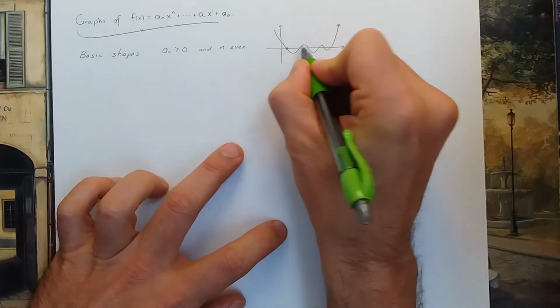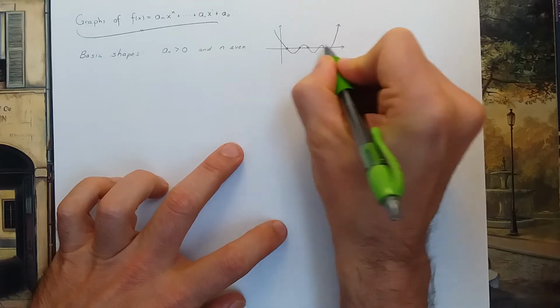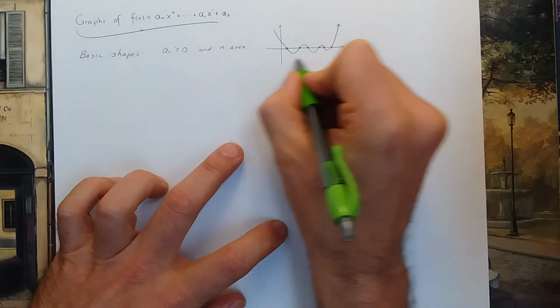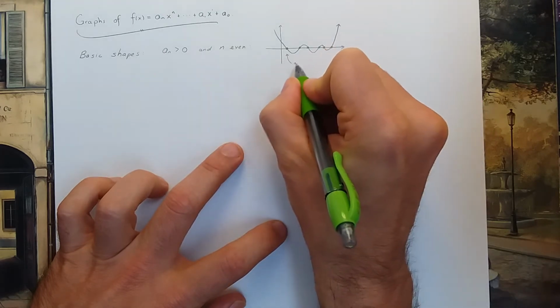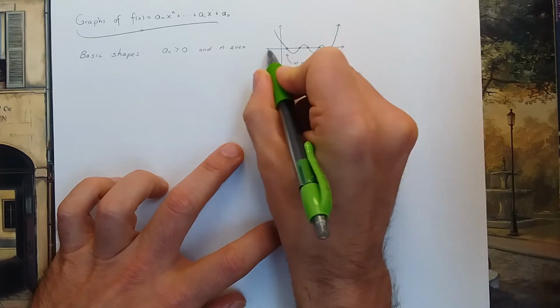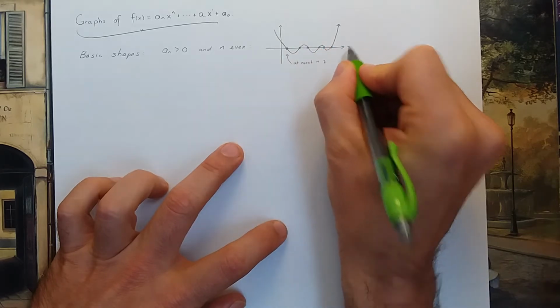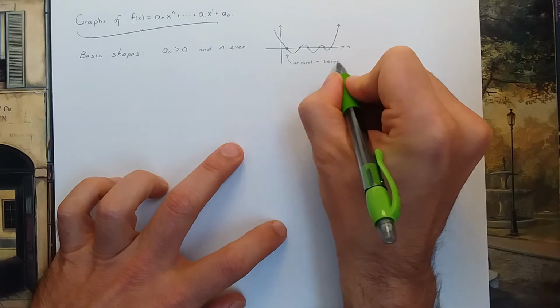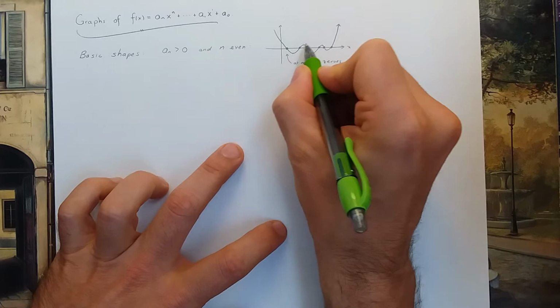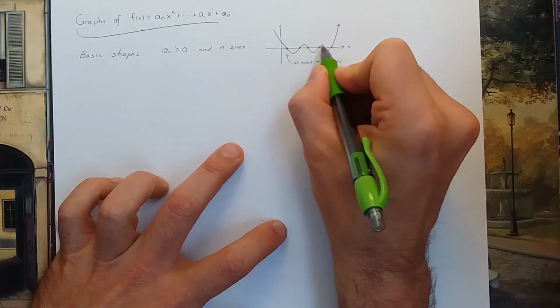There are, at most, n zeros in a degree n polynomial. So there can be at most n places where the graph intersects the x-axis. Furthermore, there can be n minus 1 turning points.